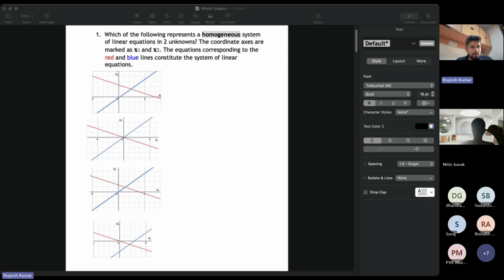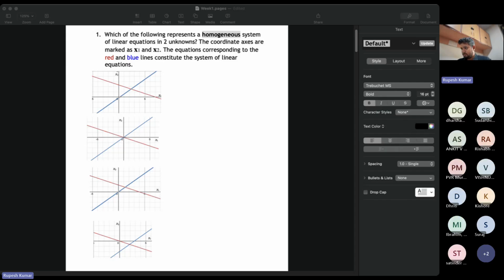Fine. So everyone, please make sure your videos are also turned off, right? So let me just open it up on my screen sharing.